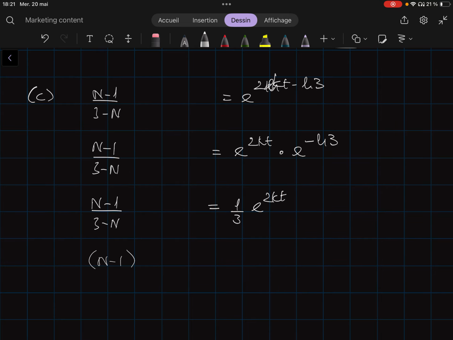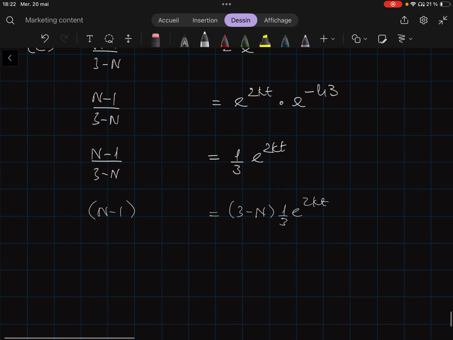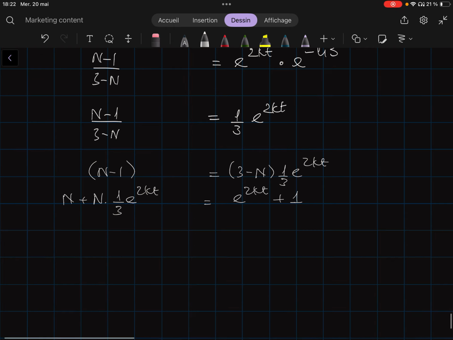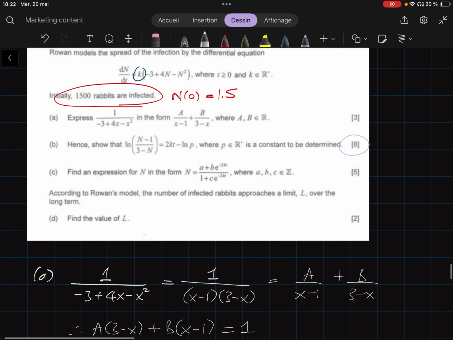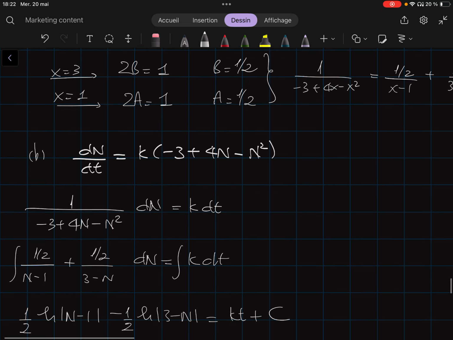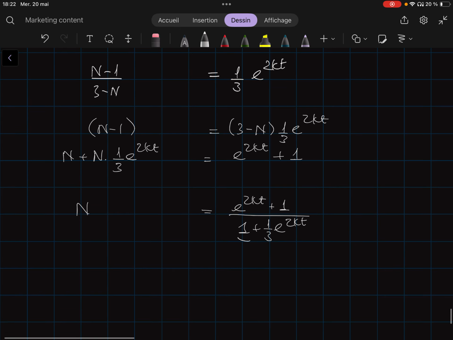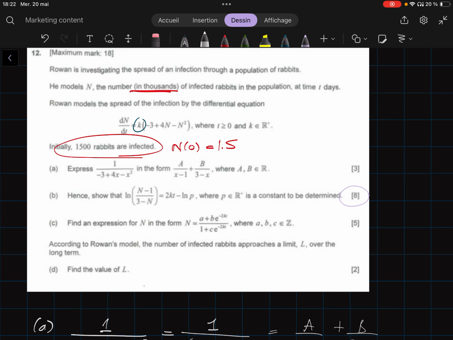So I'm going to multiply 3 minus n through both sides, isolate the ends, and then divide through. We'll see if this is what they're looking for. Okay, so we have a 1 in the denominator, so this is good. And I think that is pretty much it.